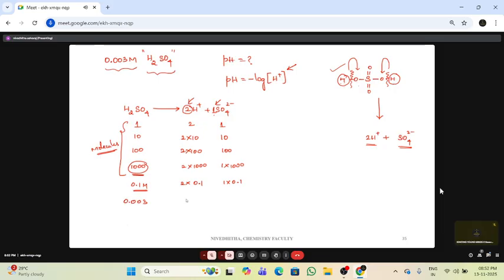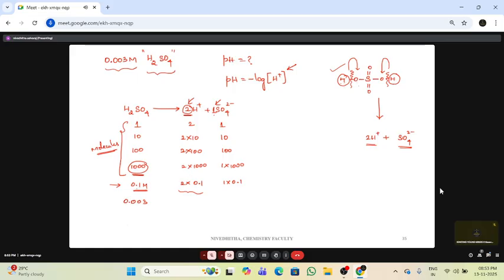See, if the concentration of sulfuric acid is 0.1 molarity, then what will be the concentration of H plus ion? 2 into 0.1. How did we get 2 into 0.1? 2 is the number of moles of H plus ion, right?